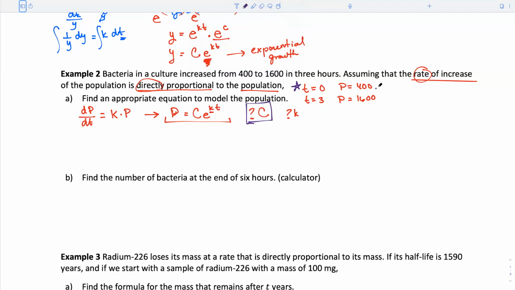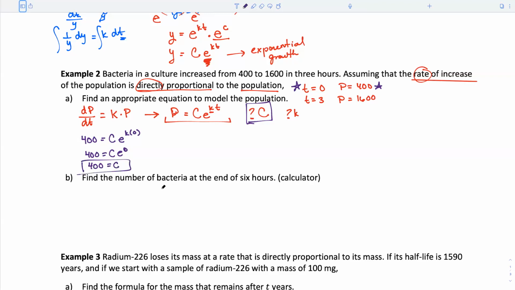So by using this first piece of information, I can set up 400 is equal to c e to the k times 0. And from this, I get 400 is equal to c.